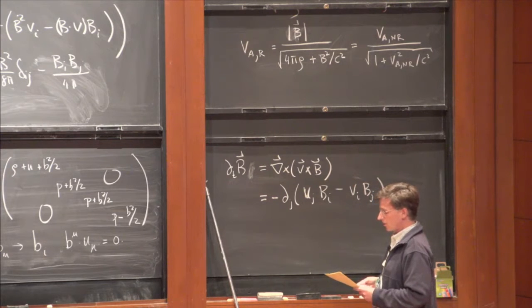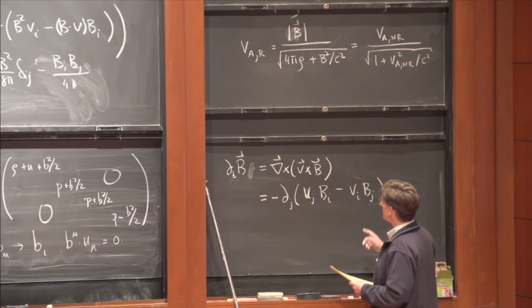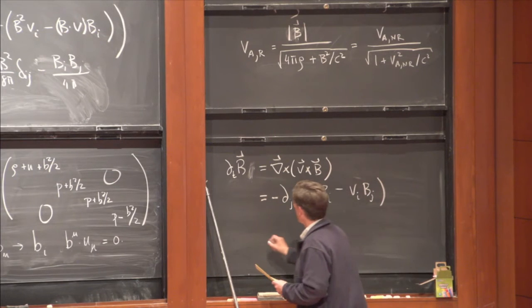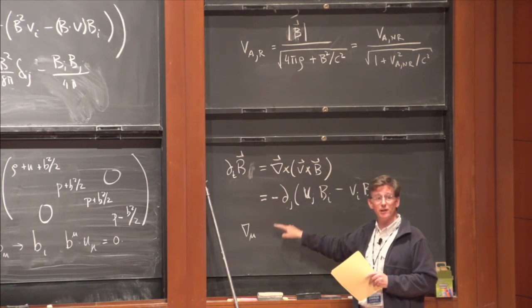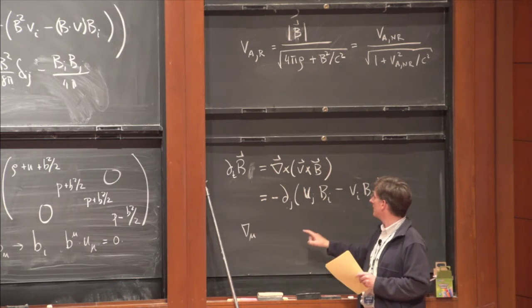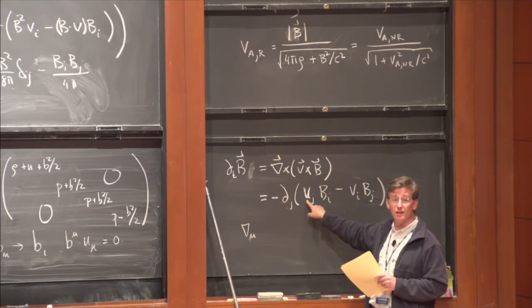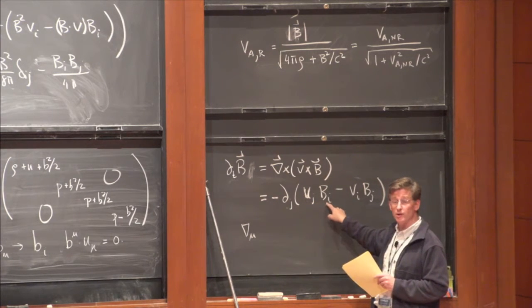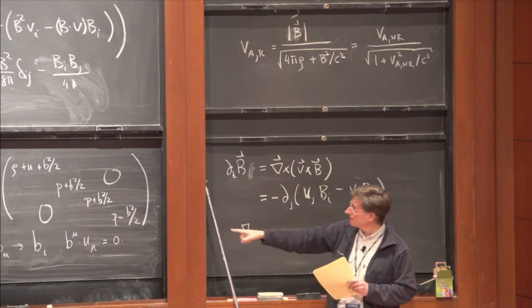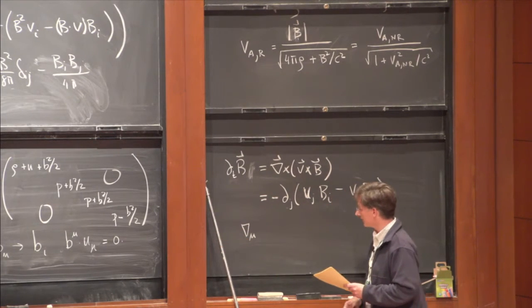Okay, so the relativistic form of this equation is very similar to this. As you might guess, we just promote the divergence operator to a covariant derivative. We promote the velocities to 4-velocities, and we promote the components of the magnetic field to this b 4-vector.